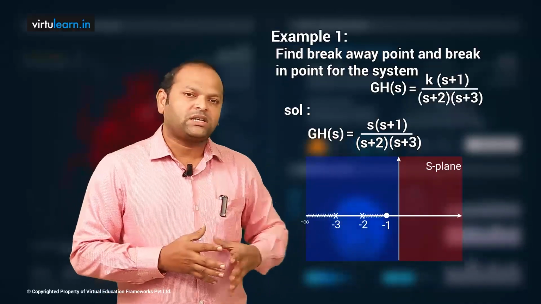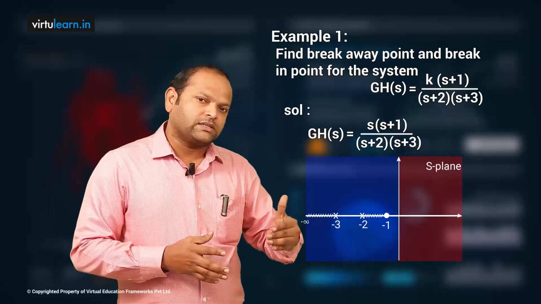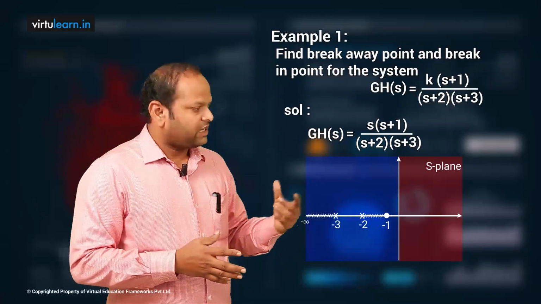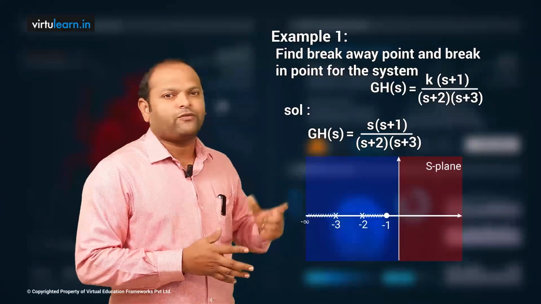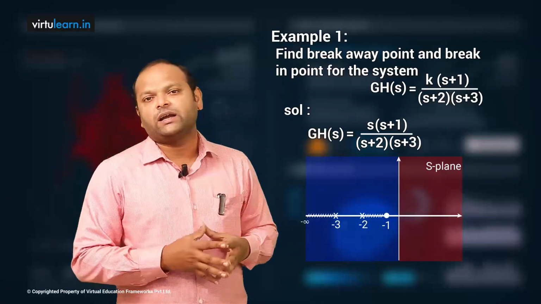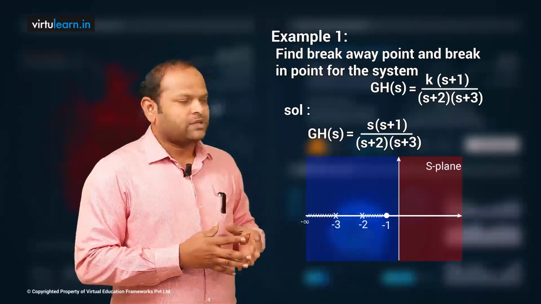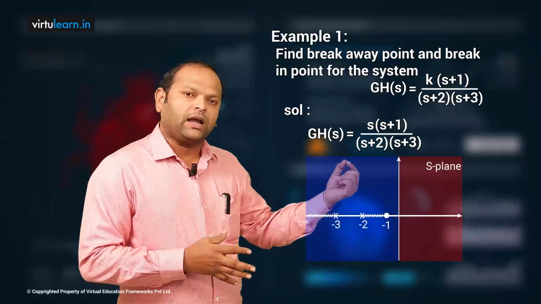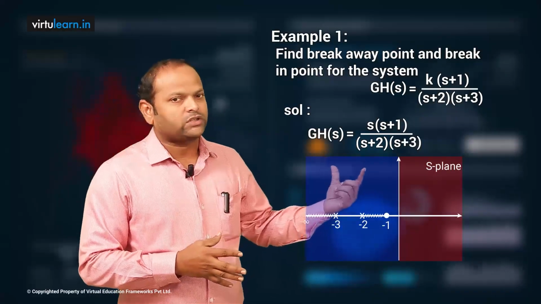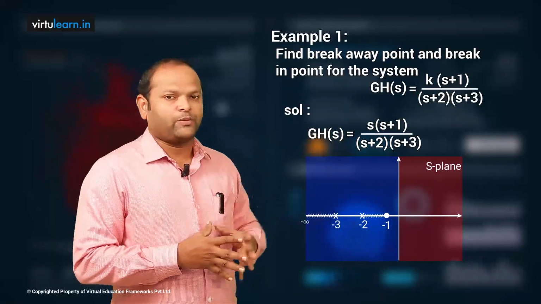We know the conditions for the existence of a breakaway point and a break-in point. A breakaway point can exist in the first case if two poles are adjacently placed and in between you have root locus area; there exists one breakaway point. Similarly, if you have a double pole and on either side you don't have any root locus area, the point itself is the breakaway point.